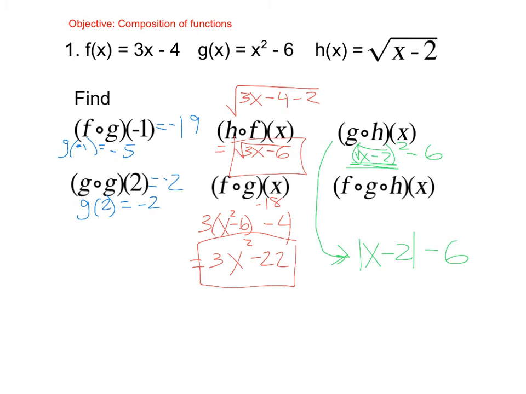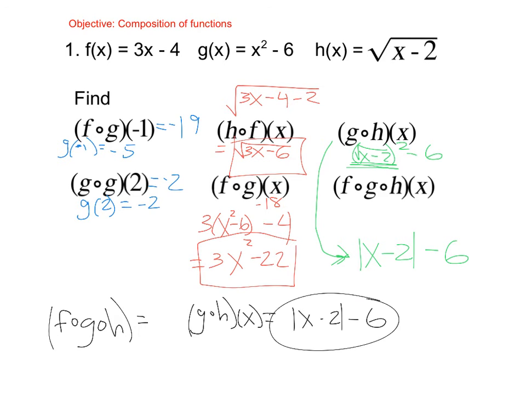All right, last one. We will do this one over here. F of g of h equals. So I'm going to start with figuring out g of h. G of h is, we just did that one. So that was your absolute value of x minus 2, minus 6.